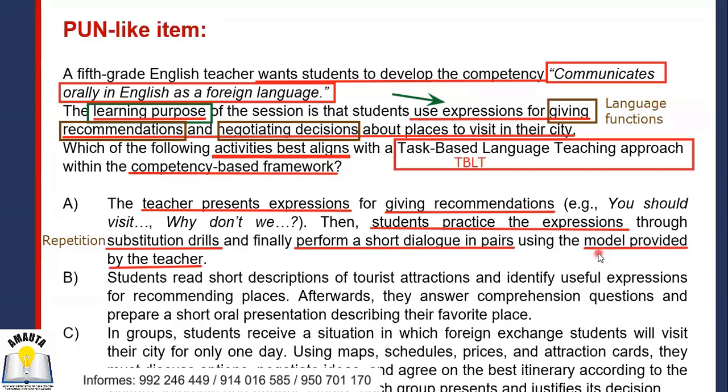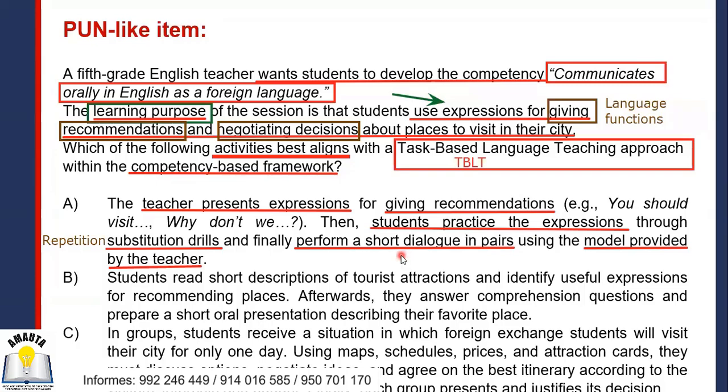Maybe they modify some words, some parts, but they perform a dialogue similar to this, based on the model. One more time, think about if students are autonomous here or if students generate their own language, formulating questions or answers, expressions using the functions. Think about it.